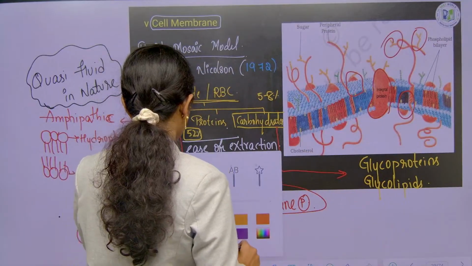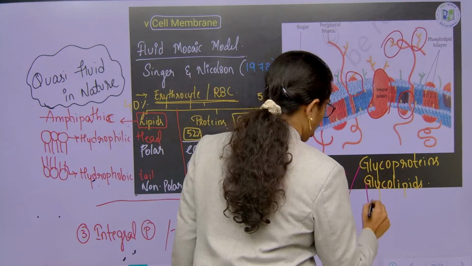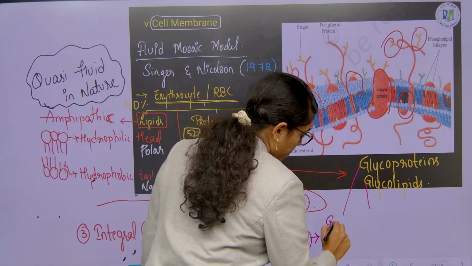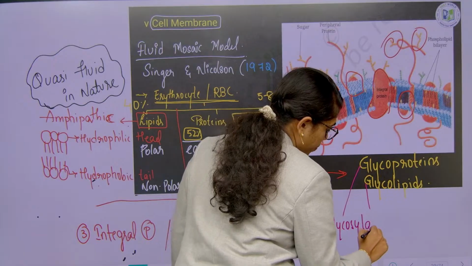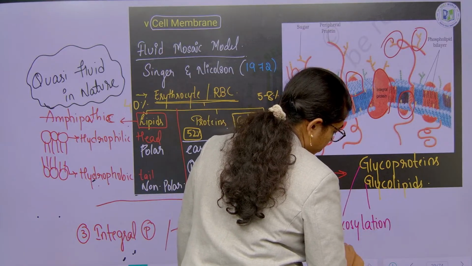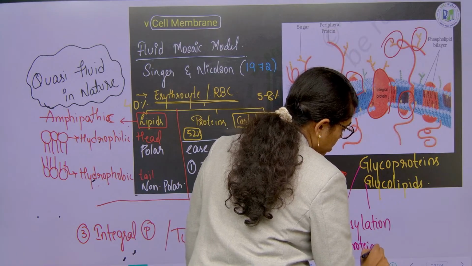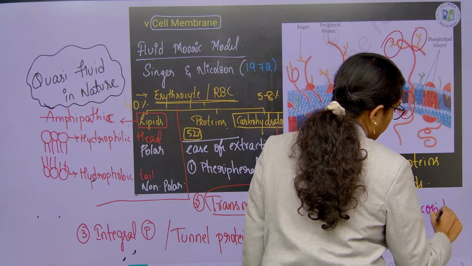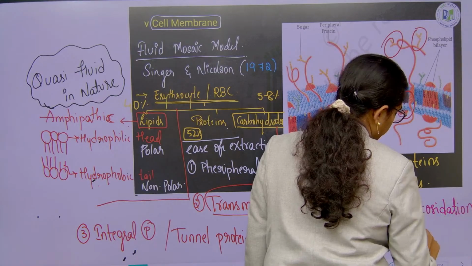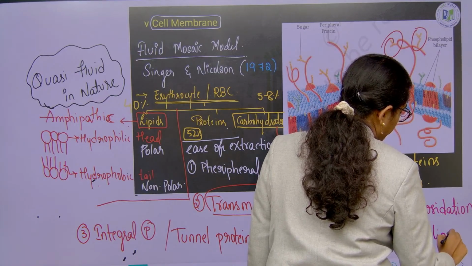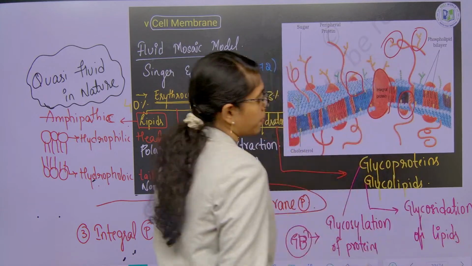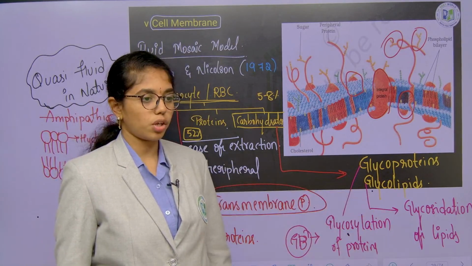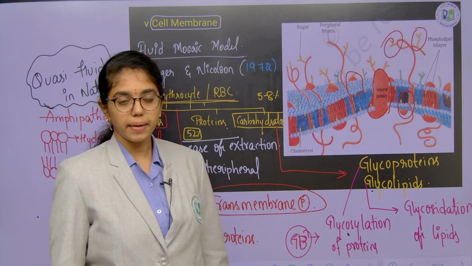Glycosylation of proteins and glycosidation of lipids happen inside the Golgi bodies. Clear?